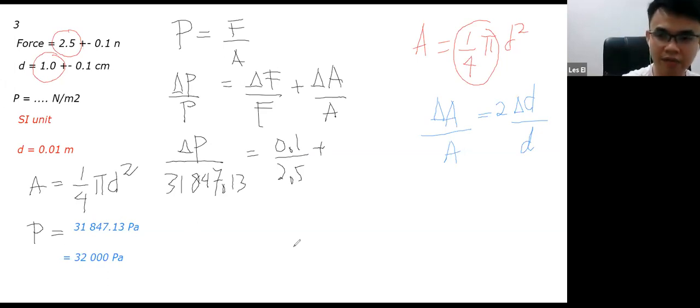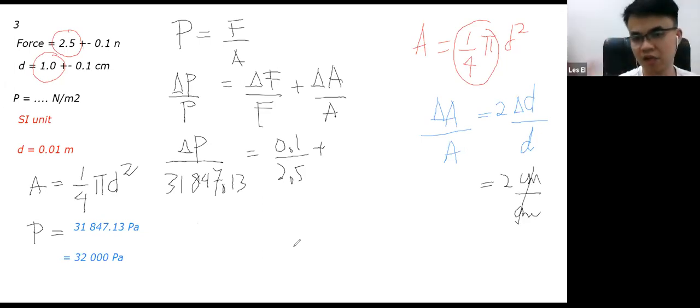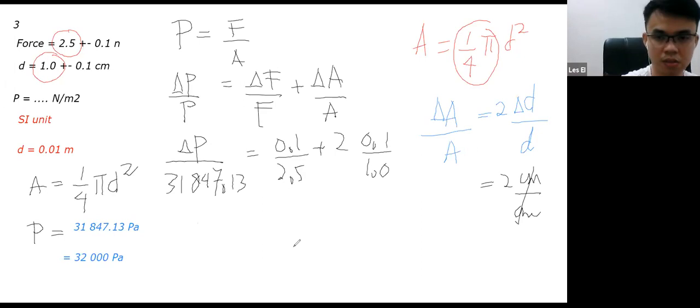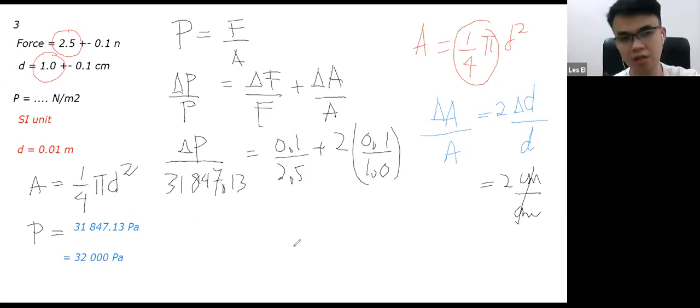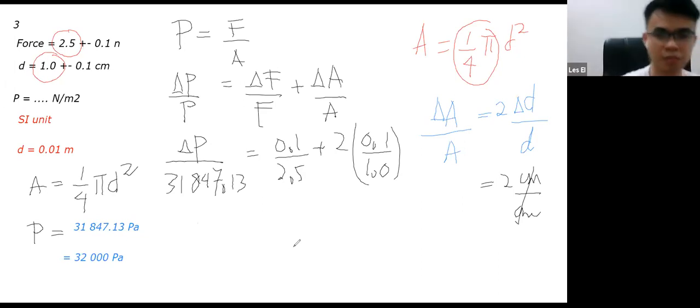Because whatever unit you put in, as long as they are the same, it will cancel out. In fractional uncertainty, the units are not important. So this is the number that I'm going to put in for the area fractional uncertainty. Try to calculate the uncertainty of the pressure.